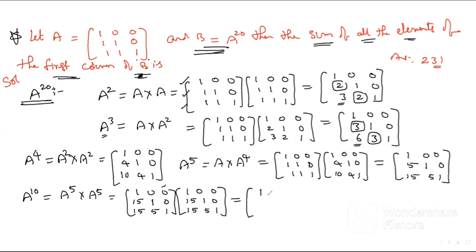First row multiply with all columns: 1, 0, 0. Next, second row multiply with first column: 15 plus 15. Here A to the power 5 value, here 5, 5.